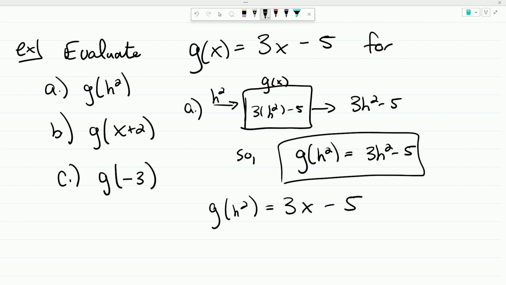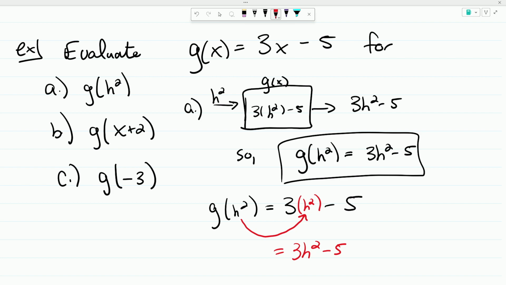The book will say g of h to the second equals 3x minus 5. You have to make the connection that you are going to erase the x, substitute h to the second, and then simplify it. And that's how we get this, okay?